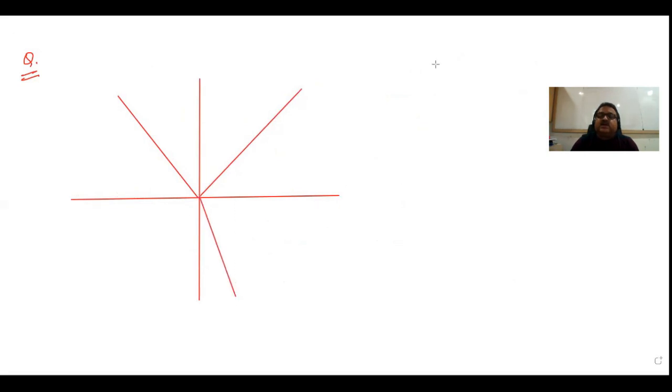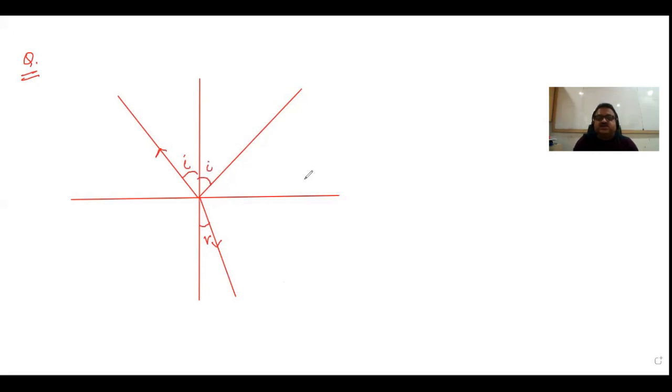Okay. Now, say for example, this is I, and this is R. And what we know, angle of incidence equals angle of reflection.